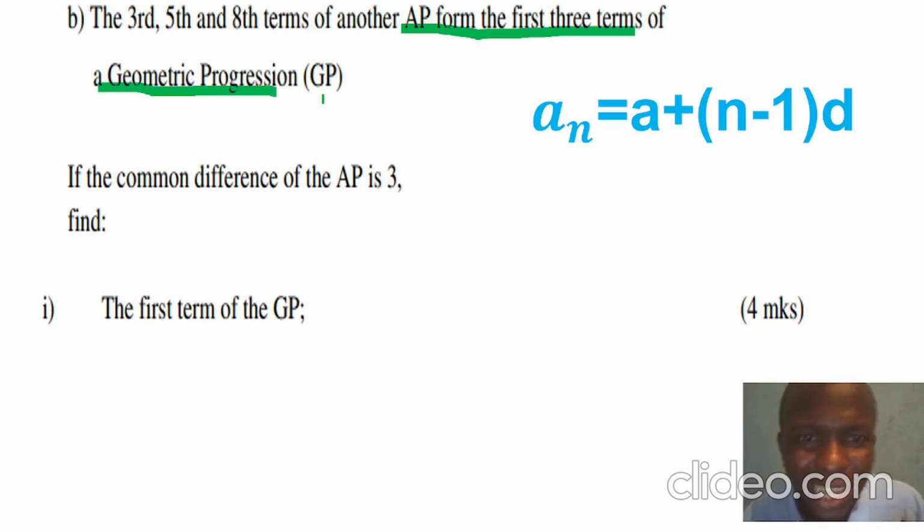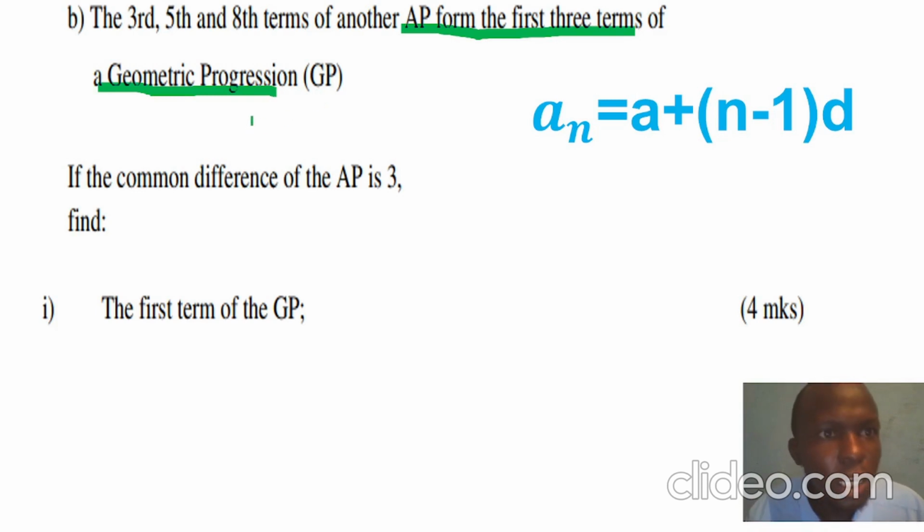You are going to see that when we started doing the examples, we have not touched on geometric progression. Now here is where the geometric progression comes into play. And I think in this particular example, we are going to see how arithmetic progression blends well with geometric progression, or rather the kind of integration between the 2 progressions.